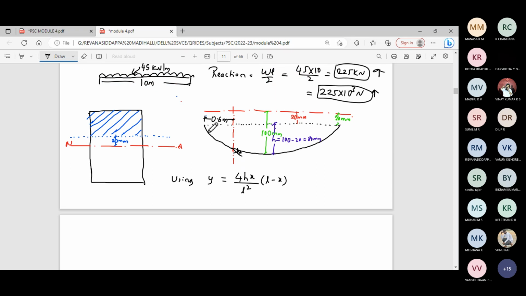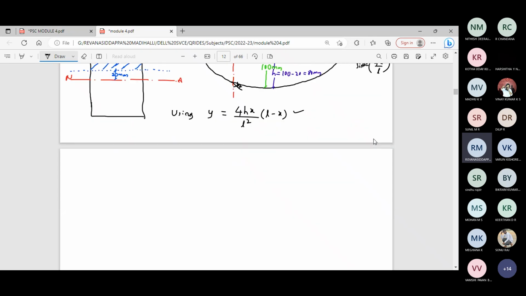Whatever formula we have, sin theta is equal to 4e by L, is at the support. But here it is asked to find the principal tension at a distance of 0.6 meter from the left support. Therefore, at this point, you have to follow the equation of the parabola.